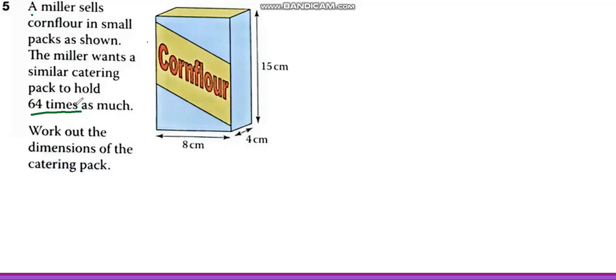So he wants to increase the volume by 64 times. The volume scale factor is 64. So we have to work out the new dimensions that will increase the volume 64 times more than the current volume.